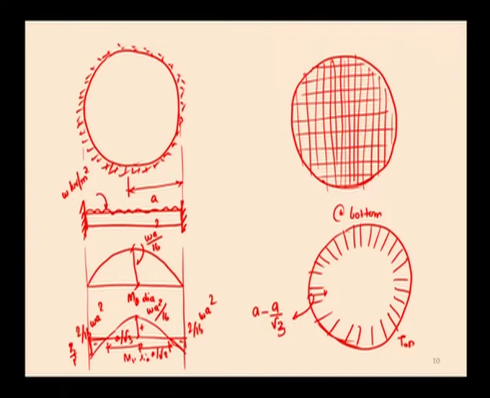This is the top reinforcement, and in order to keep this reinforcement at the top in the radial direction, we need to provide reinforcement in the circumferential direction, which is called the minimum reinforcement.